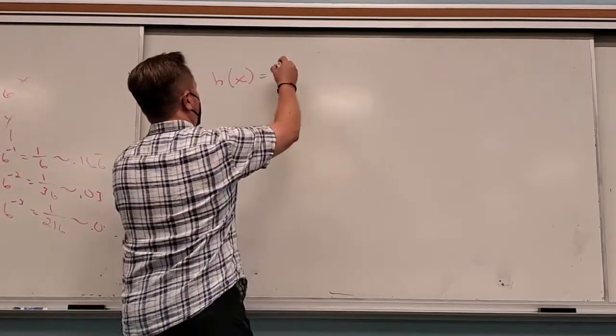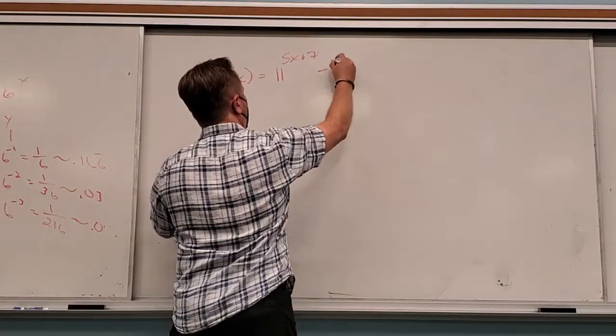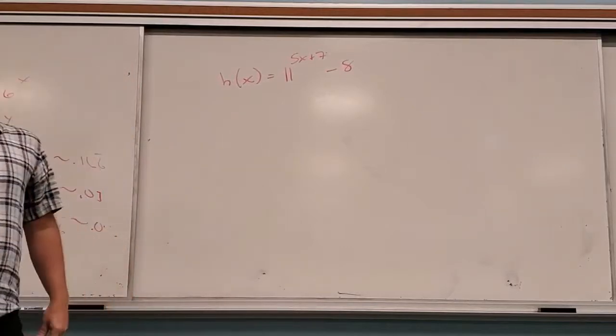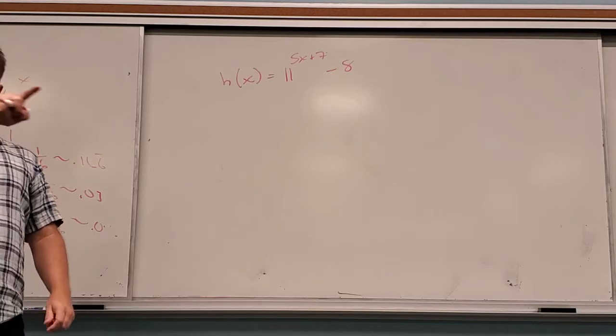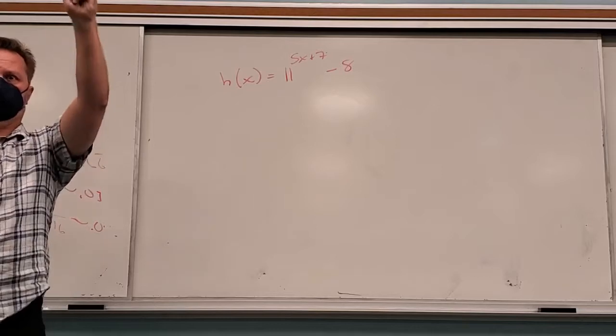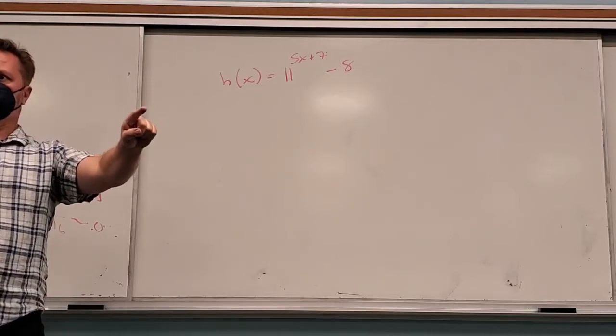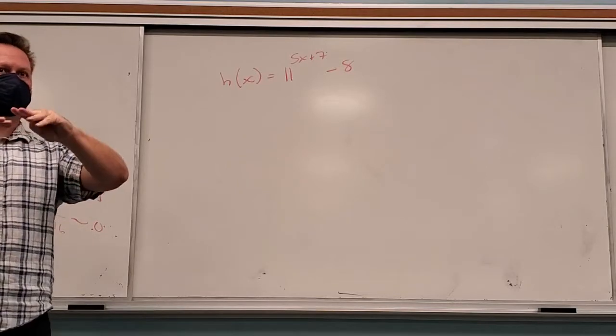So if I had, for example, this, where will the asymptote be now? At y equals negative 8. So what will the range be now? Negative 8 to infinity. Kabam. Because I know it starts at 0.